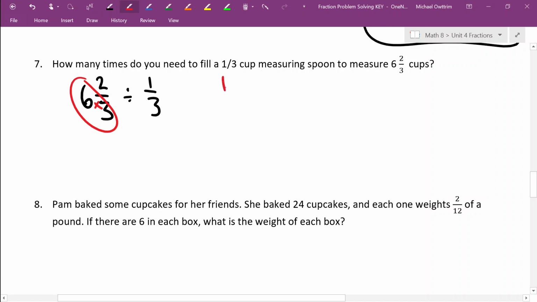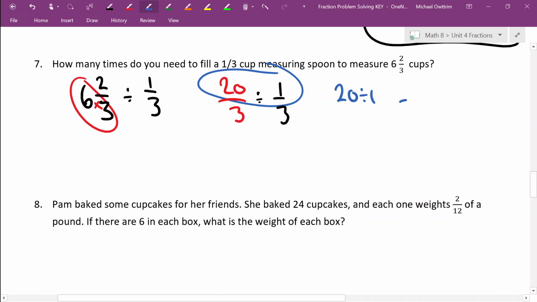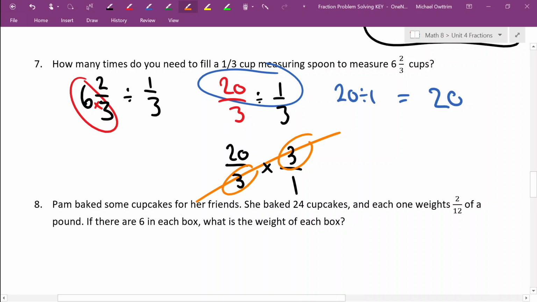So 6 times 3 is 18, plus 2 is 20 thirds, divided by 1/3 each. And of course, we've got our common denominator trick here, so we're going to have just 20 divided by 1, which is just 20 in this case. Of course, that comes from 20/3 times 3/1, and then your 3's canceling out.